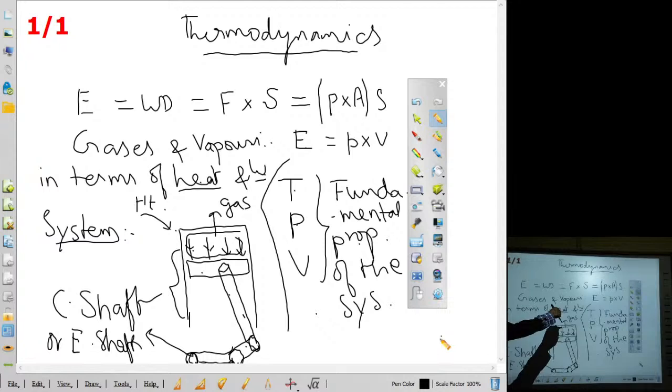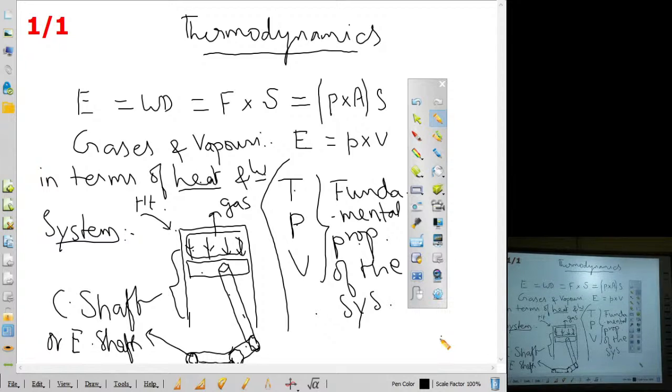All about this input and output is what we are going to study in our subject. That output by input for engines is what is called the efficiency. And of course, more details are there about efficiency, which we will see later on. Okay.